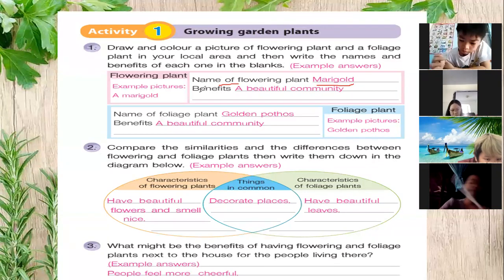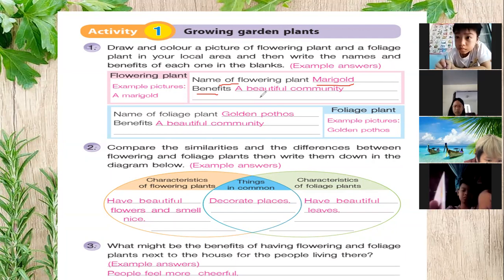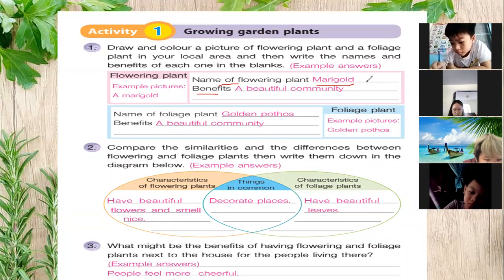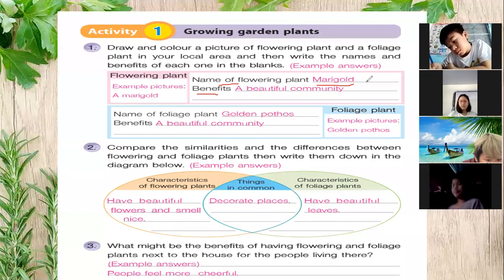Then you have to write the benefit. What is the benefit of that flower? For example, the benefit will be a beautiful community, the local area will look more beautiful. So you write down any flowering plants you have in your local area, the name and the benefit of that.